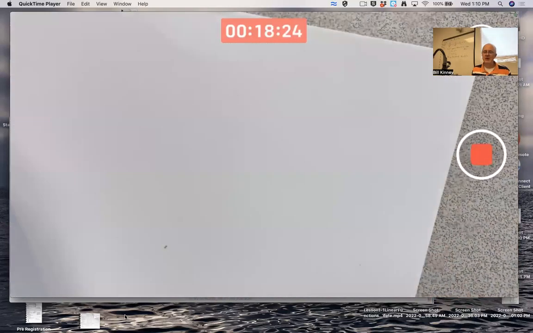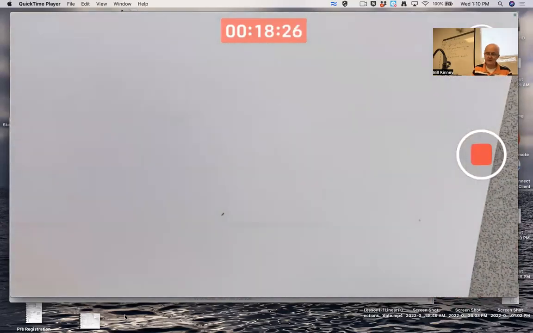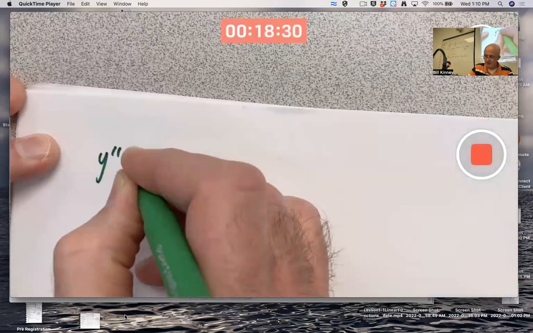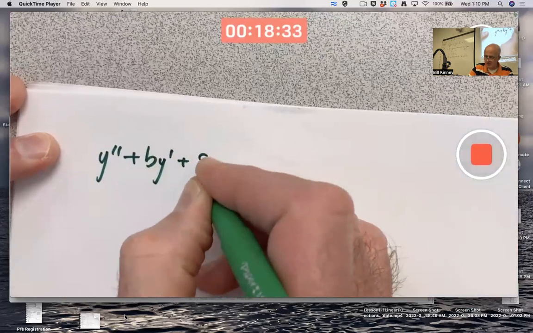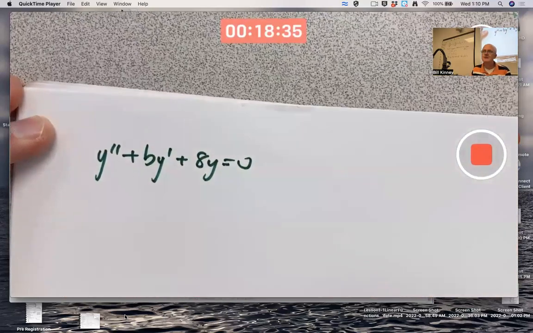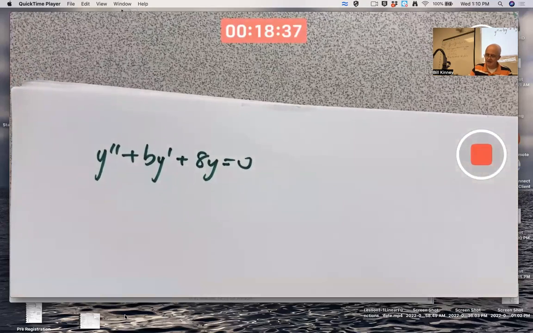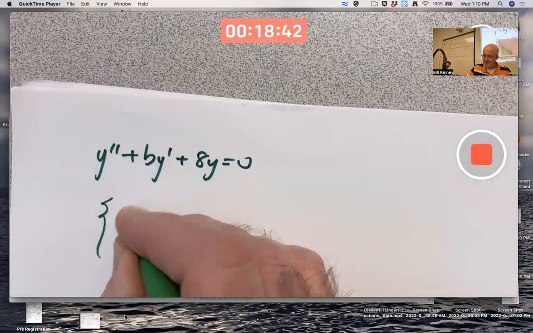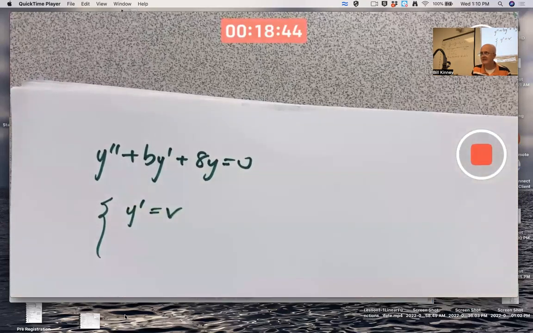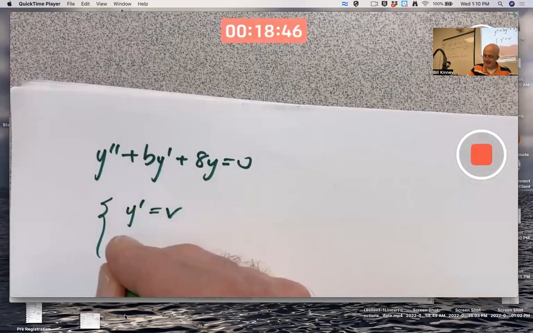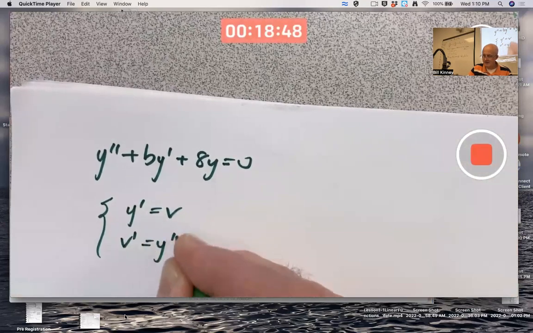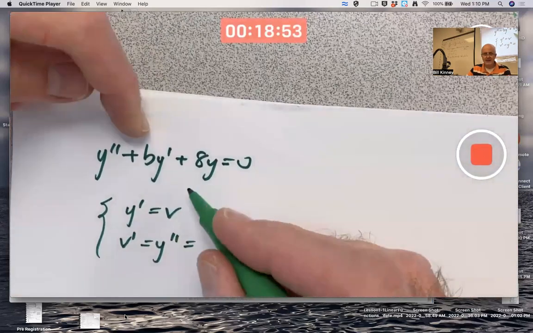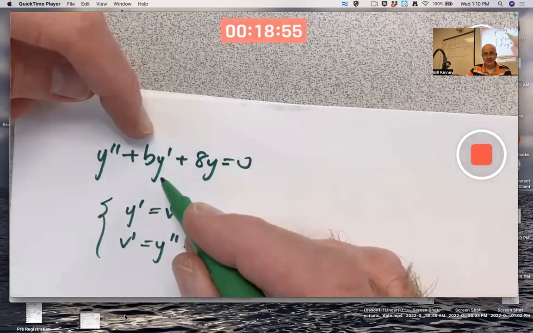In terms of phase planes and corresponding linear systems, let's think about the corresponding linear system here. So here again is our second order equation with prime notation, to save time. The corresponding linear system has a first equation that essentially defines the velocity, and a second equation for the derivative of the velocity found by subtracting 8y and bv from both sides.